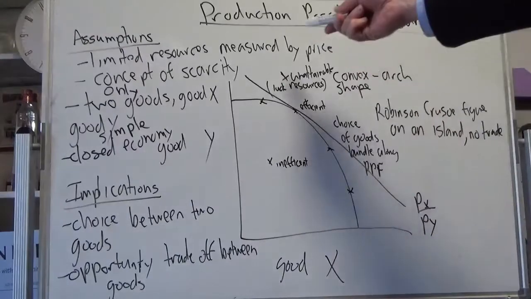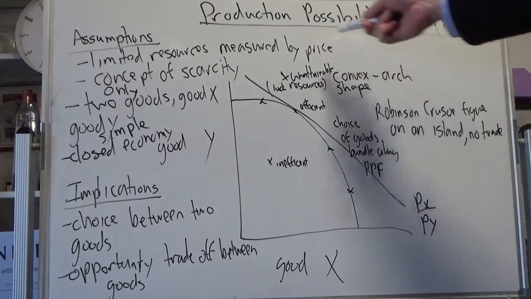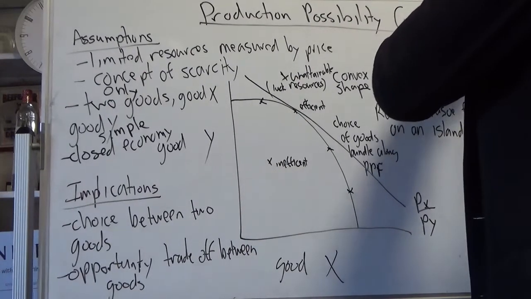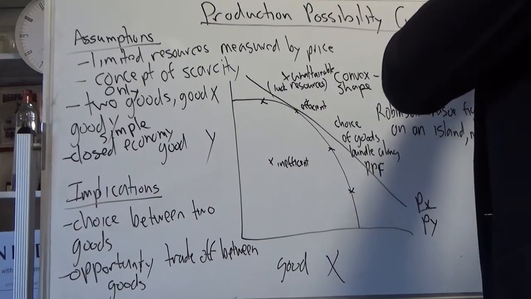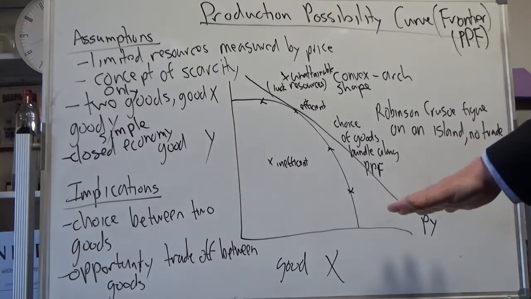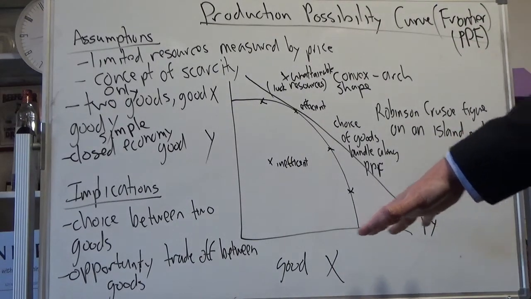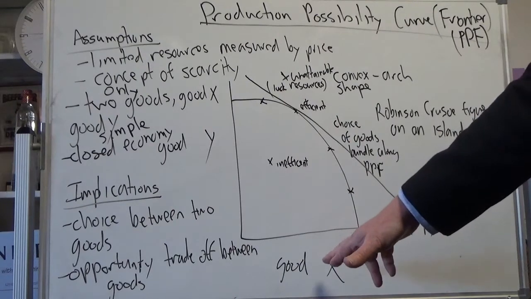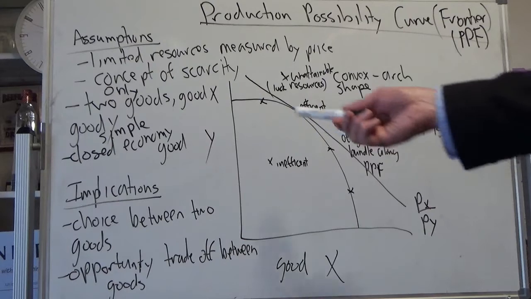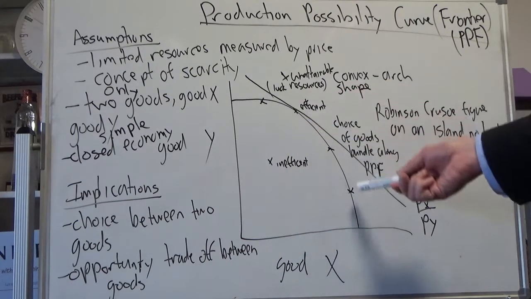The production possibility curve, or production possibility frontier, PPF, is a graphical representation of the different combinations of two finished goods, in this example good X and good Y. It's a convex shape.